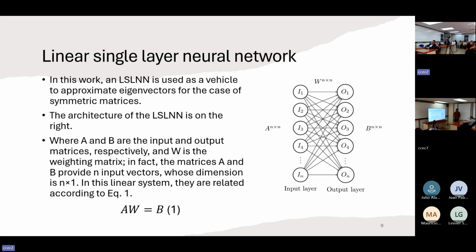As you can see, it's a single-layer neural network, which includes a synaptic weight matrix, W. The input matrix is A, and the output matrix is B. This is the architecture we use, and this model can be mathematically described by equation 1, which states that A times W is equal to B.